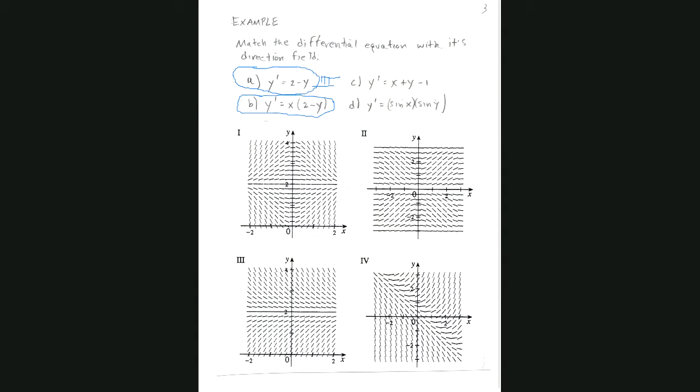That's right, John. Choice would have to be 1 for B, because you see, B has the extra factor of x there. So you notice in 1, you have flat slopes along the line y equals 2, but you also have flat slopes along the y-axis. You don't see flat slopes along the y-axis in choice 3, but you do see flat slopes along the y-axis in 1.